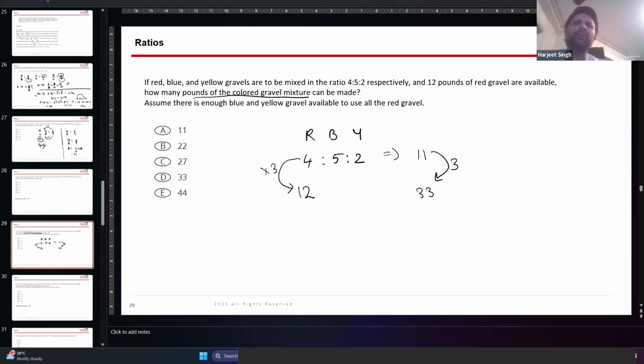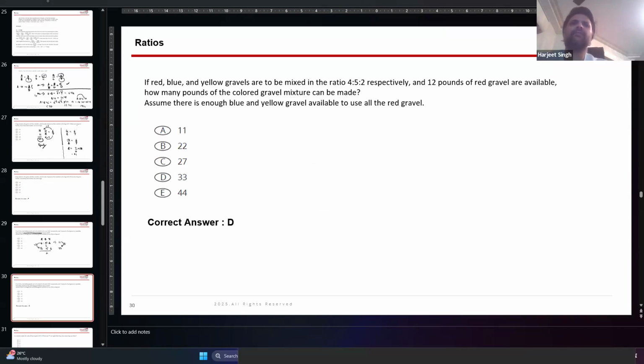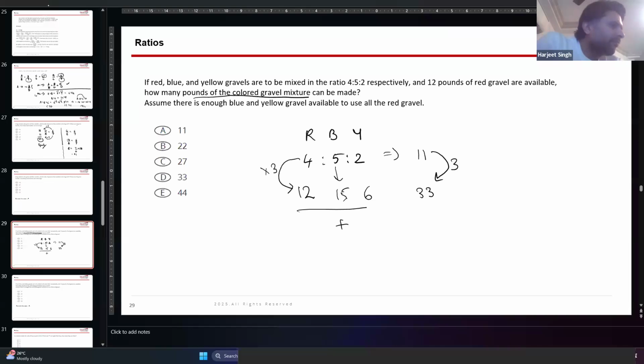I could have also multiplied individually by 3 and gotten 12, 15, and 6 and just added them up. Yes. Okay.